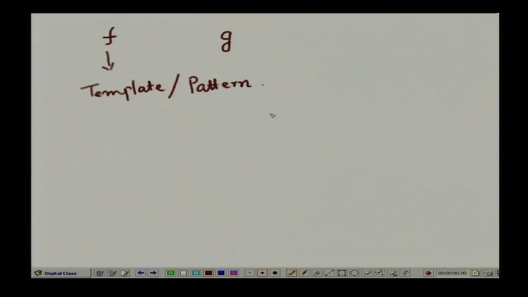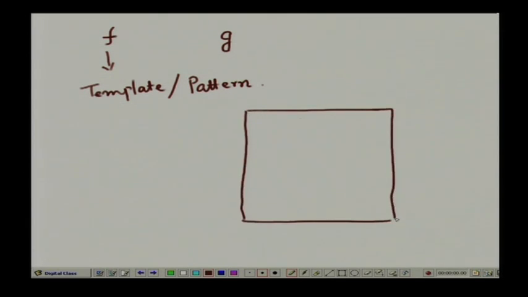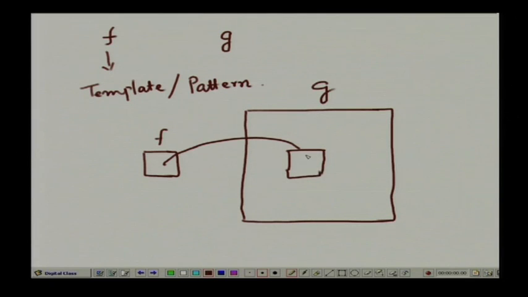So, our aim is that, given a very big two-dimensional image G and a template F, which is usually of size smaller than that of G, we want to find out where this template F matches best in the image G. To find that out, we have to have some measure of matching, which may be termed a mismatch measure, or the opposite of this, that is the match measure or the similarity measure.